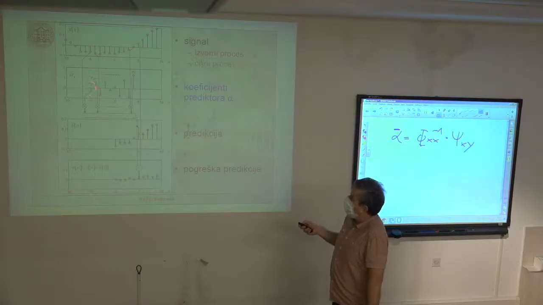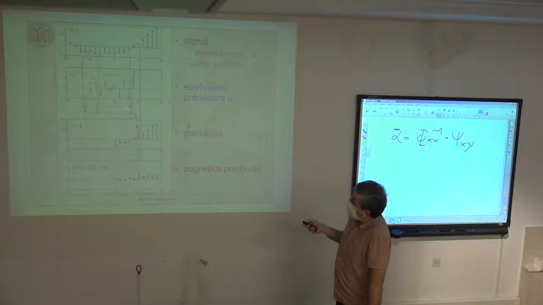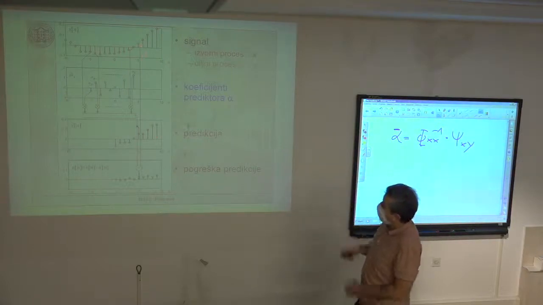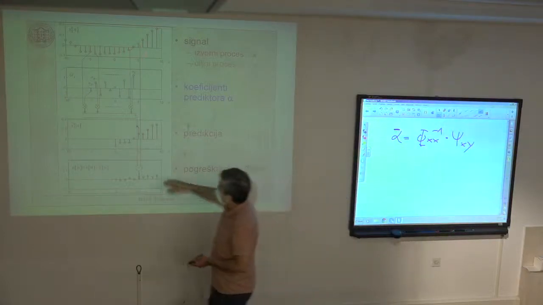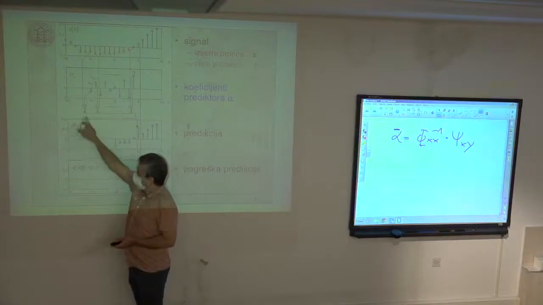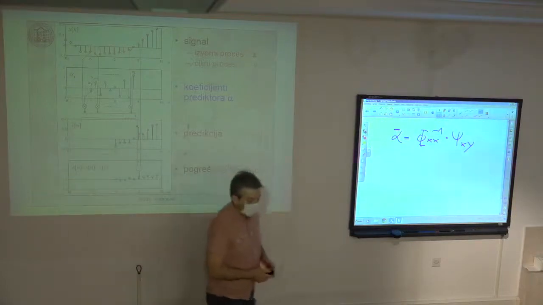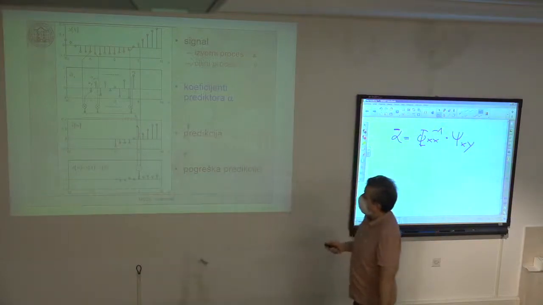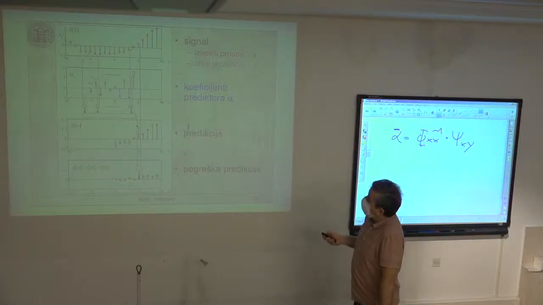In this case, p is equal to 10, so alpha 10. Then I simply add up all of these 10 products, and this will give the prediction of the current sample. So I will denote this prediction with x of n tilde. So this tilde again shows the prediction of the actual value.